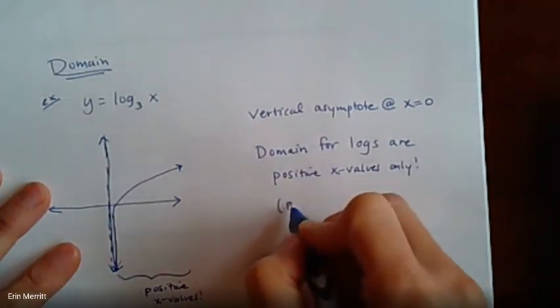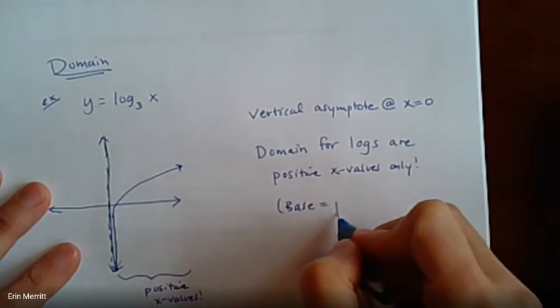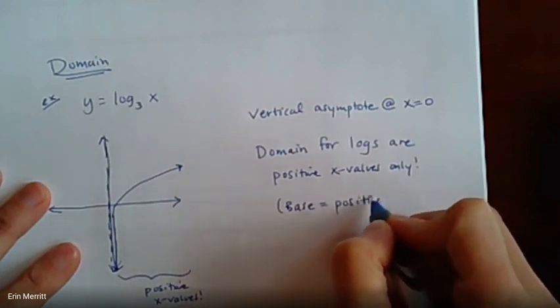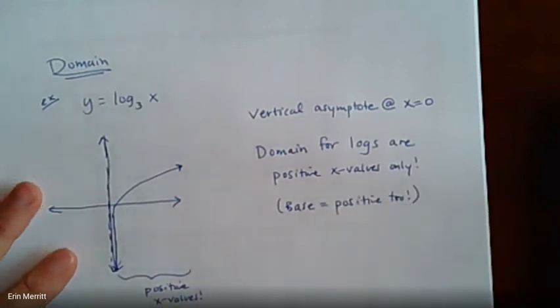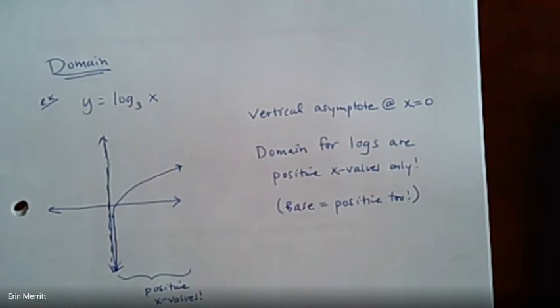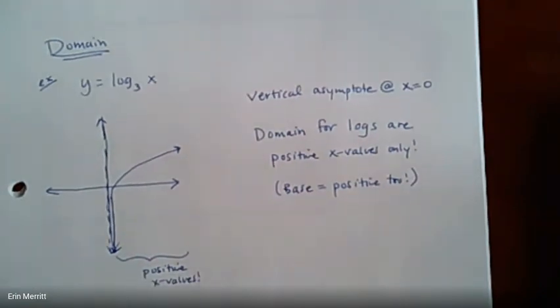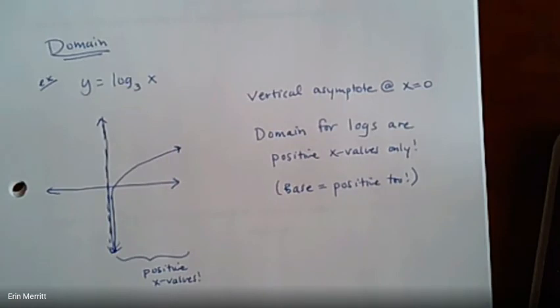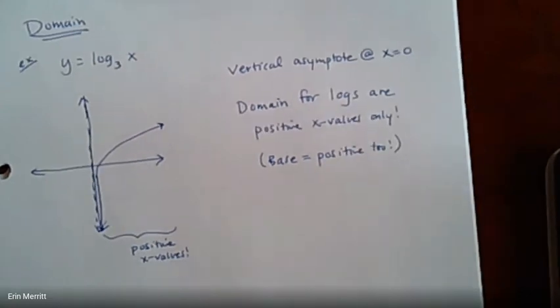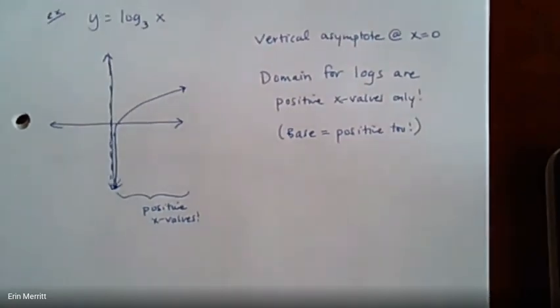And as a little side note, the base needs to be positive too. If you right now take the log of something negative on your calculator, it's going to give you error. So the good thing is your calculator knows what the domain is. So go ahead and try it. All right. It's going to give you error, no real answers. It'll shut you down real quick. All right. So you won't make that mistake.